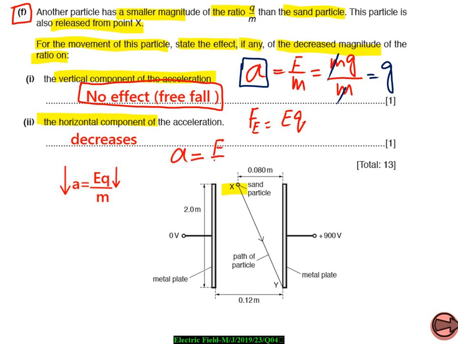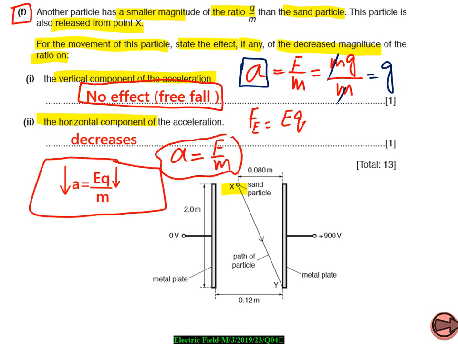Now, as you can see here, a depends on E, q and m. E is the same because the particle is in the same uniform electric field, but the ratio of q over m is decreasing. If this ratio is decreasing, it means the horizontal acceleration will also decrease. So horizontal acceleration will go down. That's the reason we said horizontal acceleration will decrease if q over m decreases.